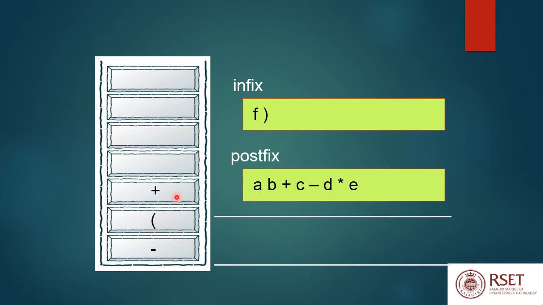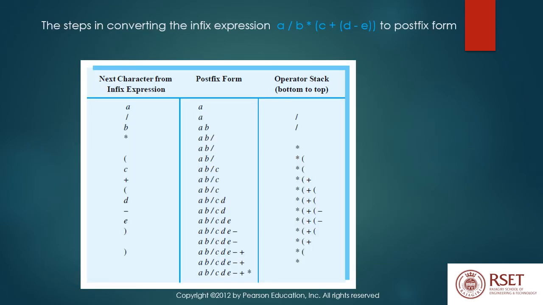Plus is fine with sitting above an opening bracket. Next is F. Again, I see a closing bracket, I move plus out and that opening bracket is discarded, and I pop out any more elements left in the stack. So I have the stack empty and my postfix expression ready here. This is the conversion from infix to postfix. When you have to write it for an exam, you will have to draw a table like this.